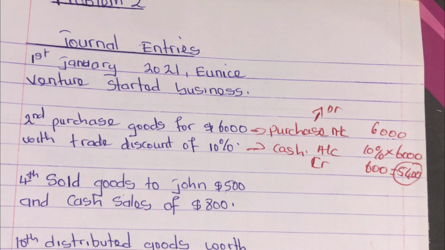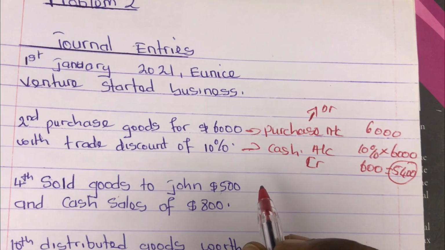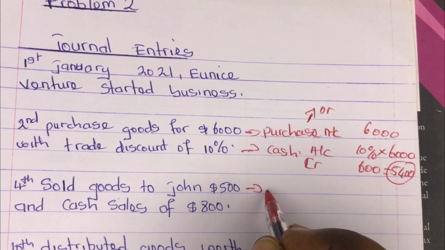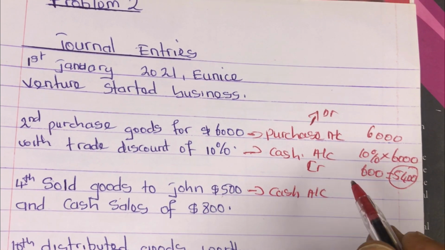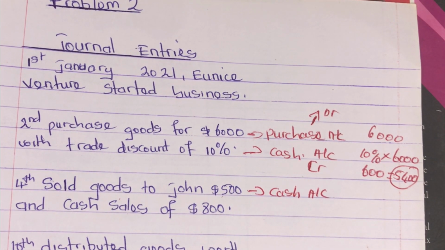The cash account is increasing, or cash is entering the business. So the first account we have here is the cash account. Cash is entering the business. And then the second account that we have is the receivable account.